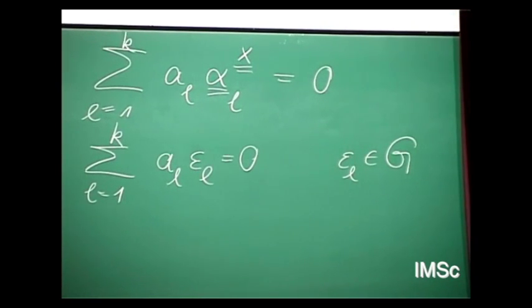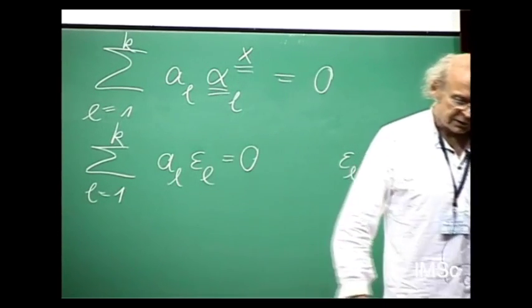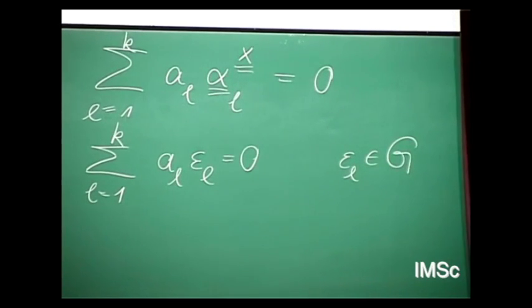So linear equations in variables taken from a finitely generated group are, at least to some extent, under control.